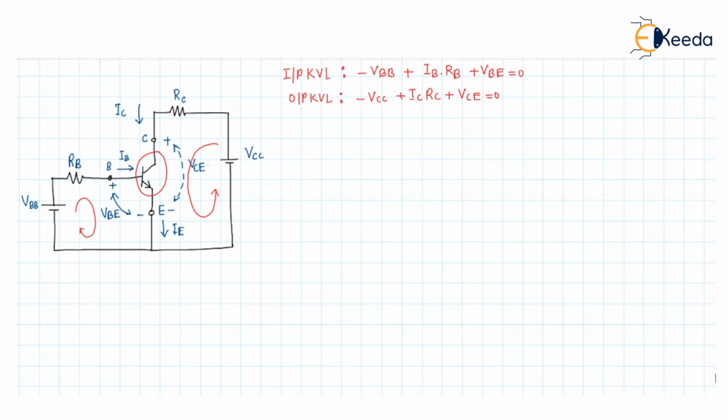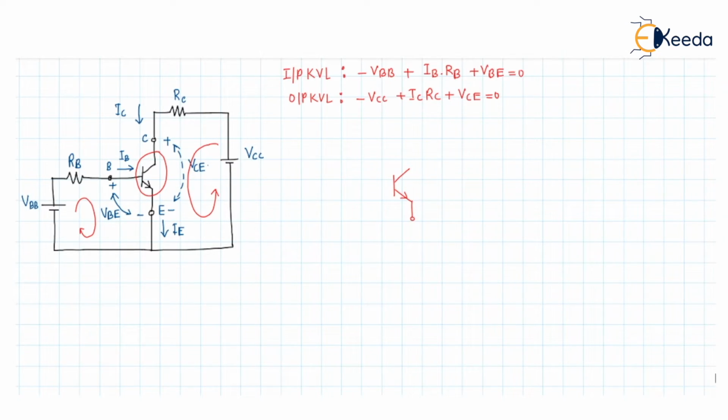So this circuit can be further simplified like this. If we simplify this circuit, there will be the BJT like this. It is an NPN we have taken.